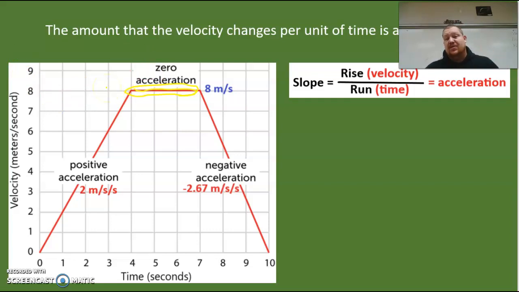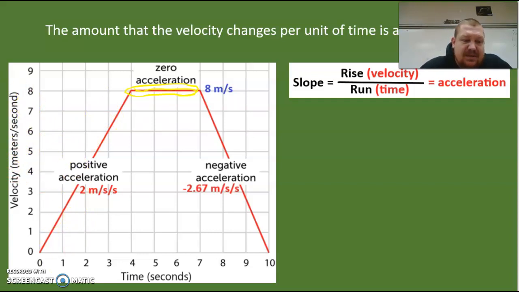It's like driving down the road in your car at 50, 60 miles an hour with the cruise control on, not increasing or decreasing or turning or any of that. But we're going to do this almost exactly the same way we did before. If you just find the slope, then you will find your acceleration.